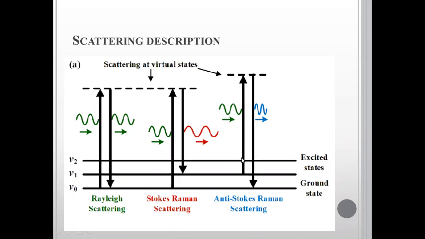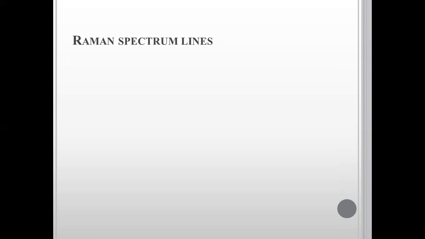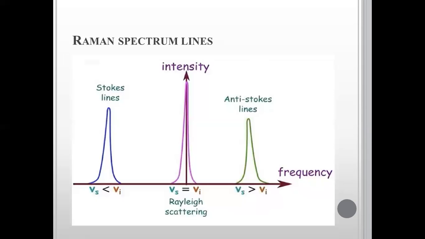So the energy of scattered radiation is higher as compared to incident radiation. It means the frequency of scattered radiation will be greater as compared to that of incident radiation, and hence we get the anti-Stokes lines. So next, we see Raman spectrum lines.